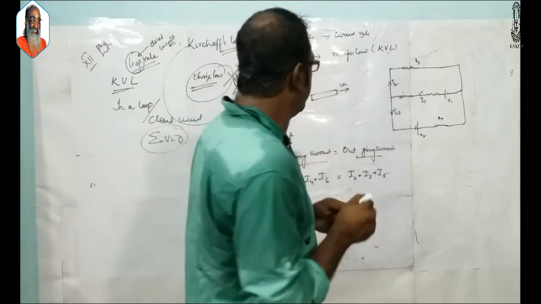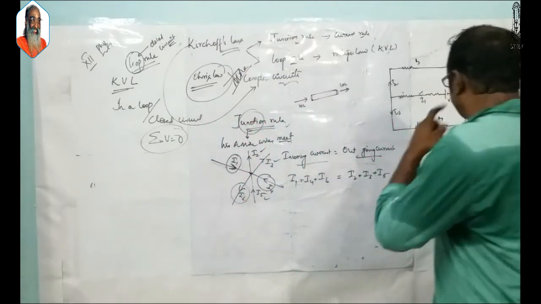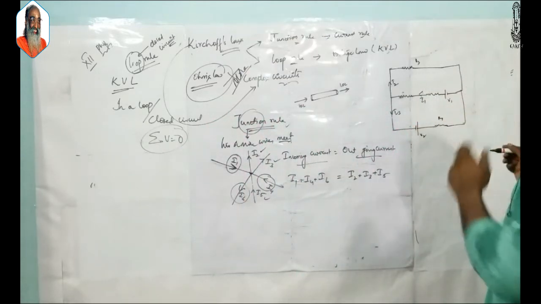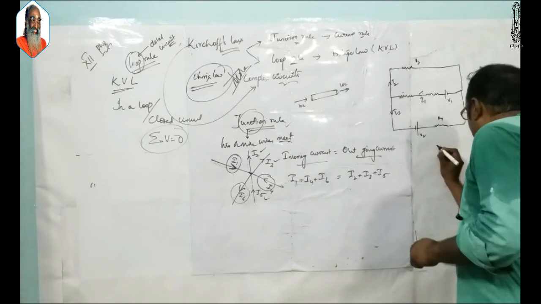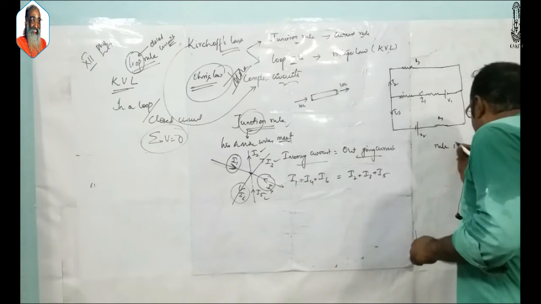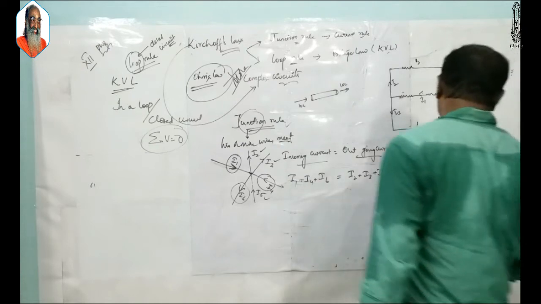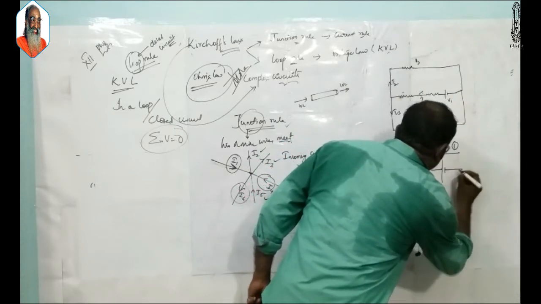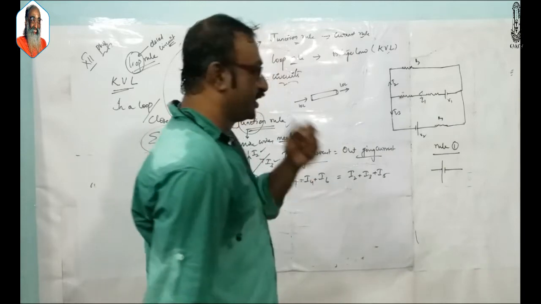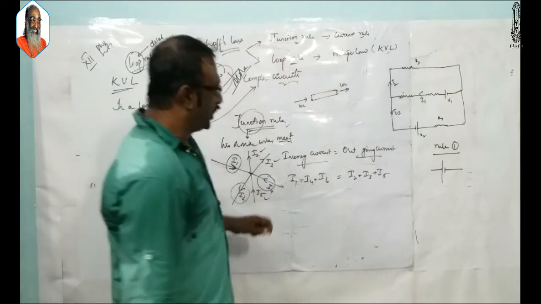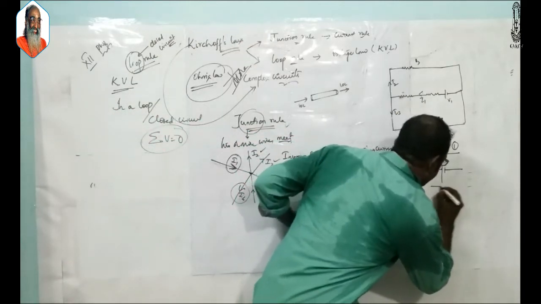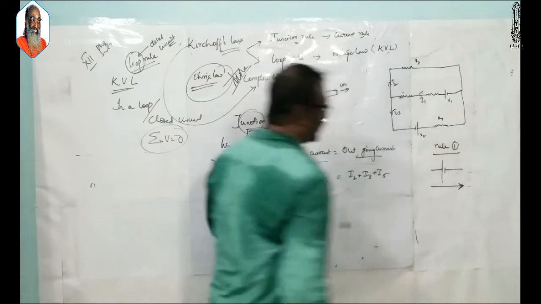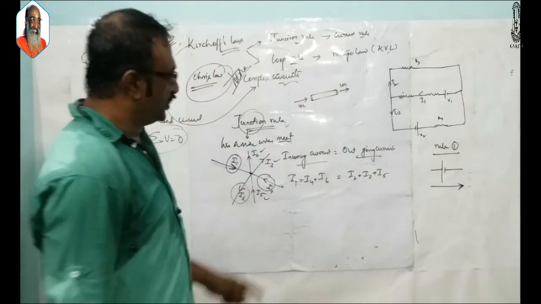Let us take this as rule 1. Suppose a cell or a battery is like this, and you are taking this direction. Then you are moving from positive to negative, isn't it?